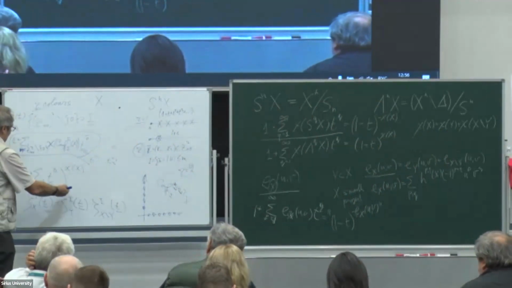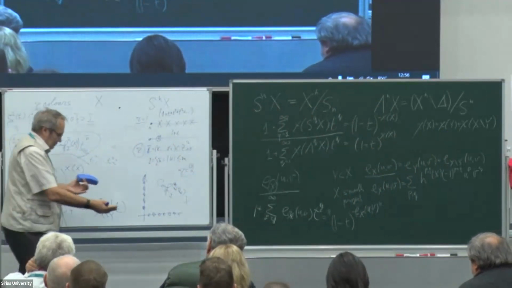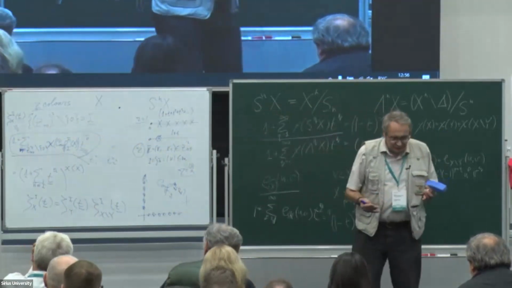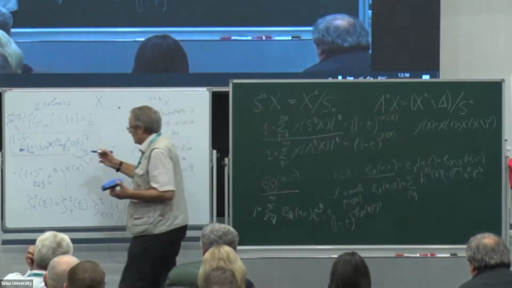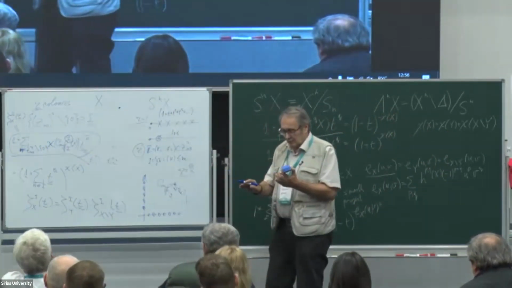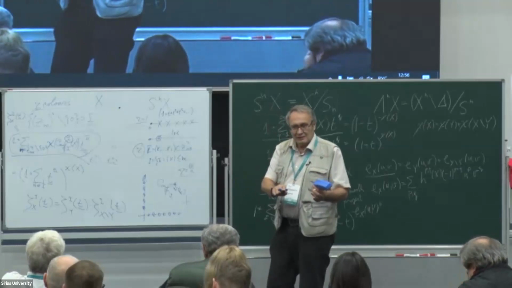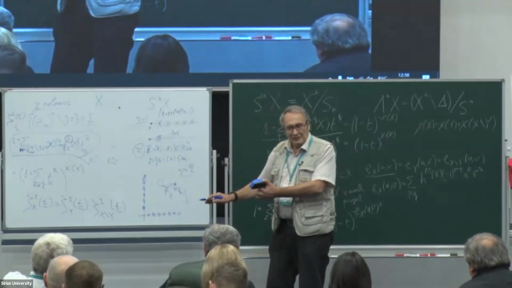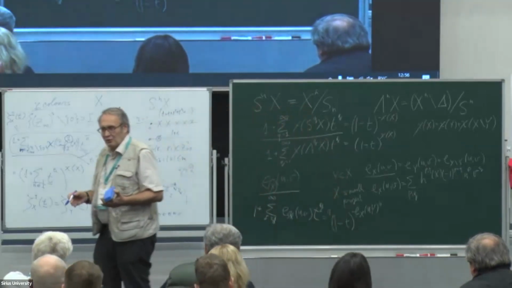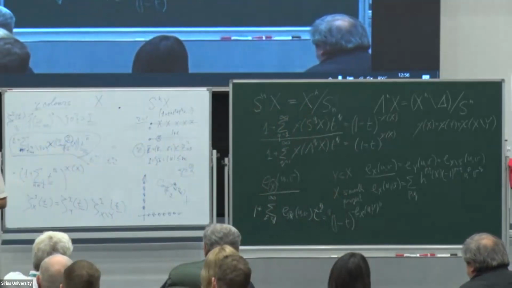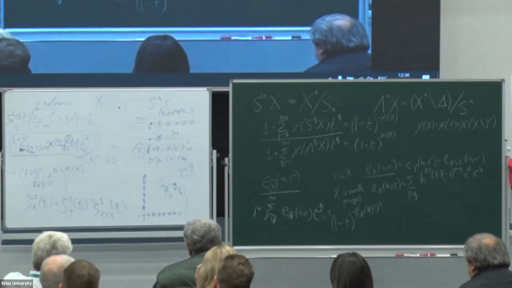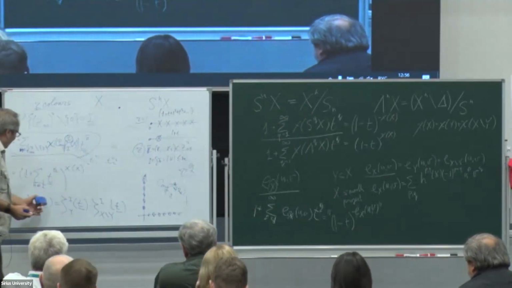If you consider some sets of points in x which have total multiplicity n, some of them are in y and some of them are in x minus y. So this space is a disjoint union of products of those corresponding to some in x minus y and some in y, and this is an obvious equation.